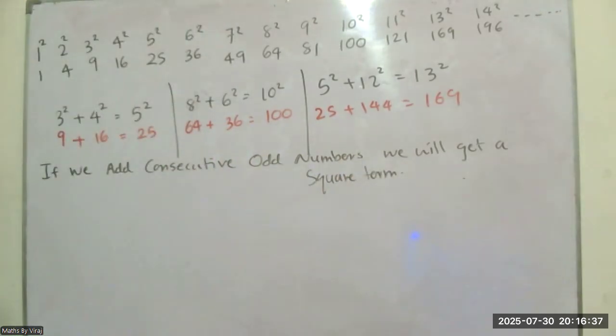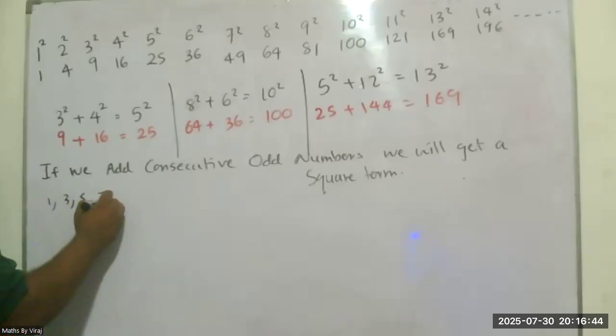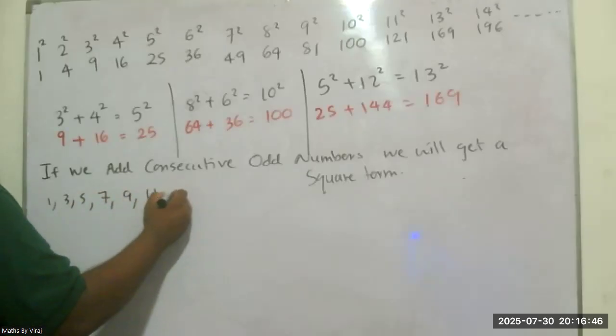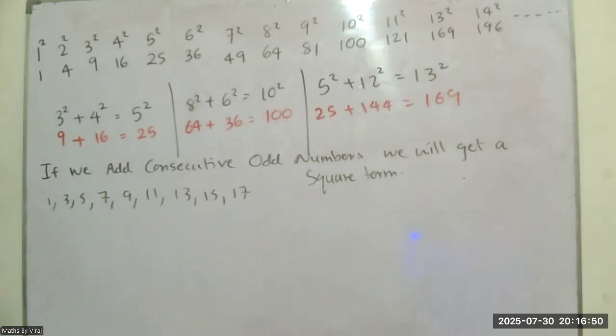We will get a what? A square term. What are consecutive odd numbers? 1, 3, 5, 7, 9, 11, 13, 15, 17, likewise.